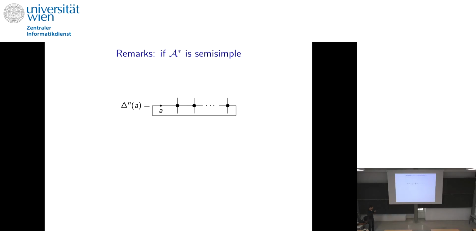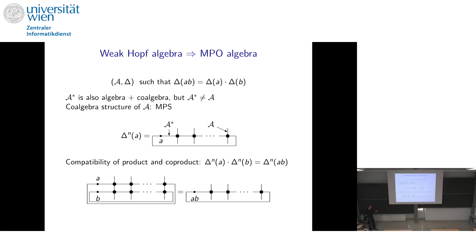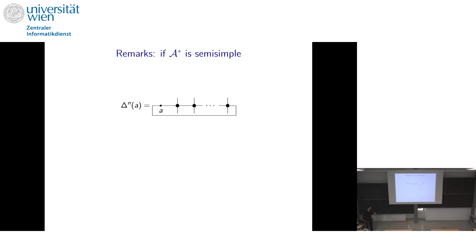Okay, so let me just make a few remarks. The dual algebra: if this algebra is semi-simple, it decomposes into a direct sum of blocks. And this MPO structure also decomposes to a direct sum.